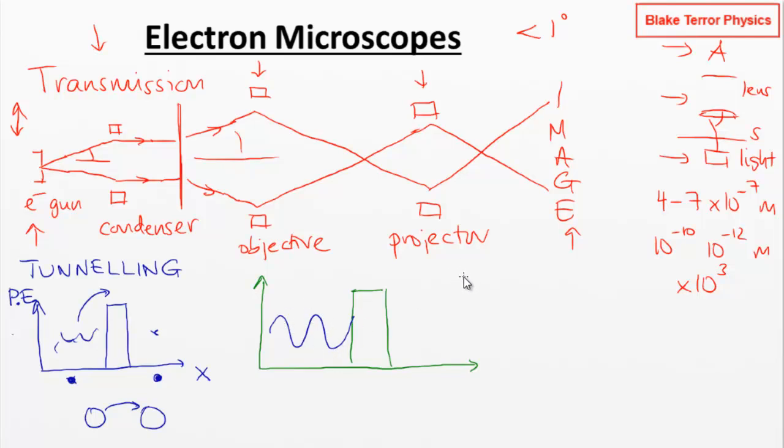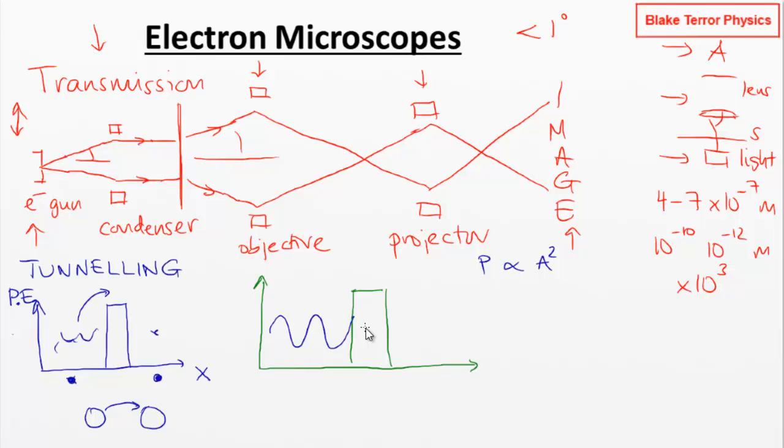And remember from the previous video, we were saying that the probability of the electron being in a particular space and time depends upon the square of the amplitude of this wave function. Now, when the wave function meets the potential energy barrier, it will decay exponentially.